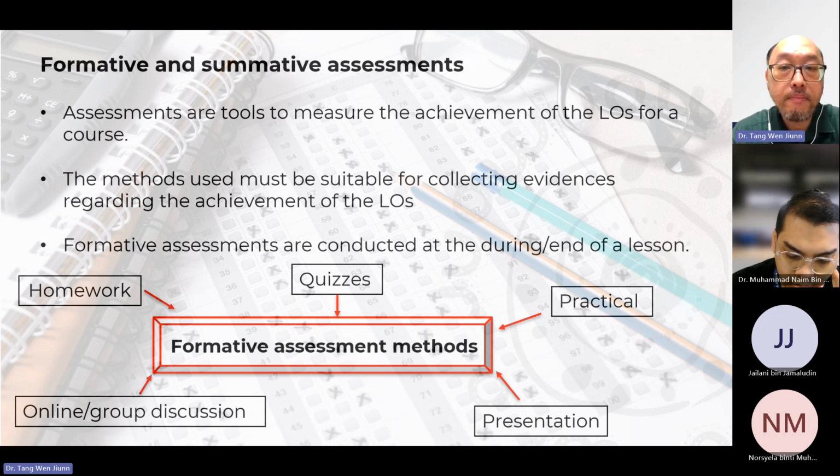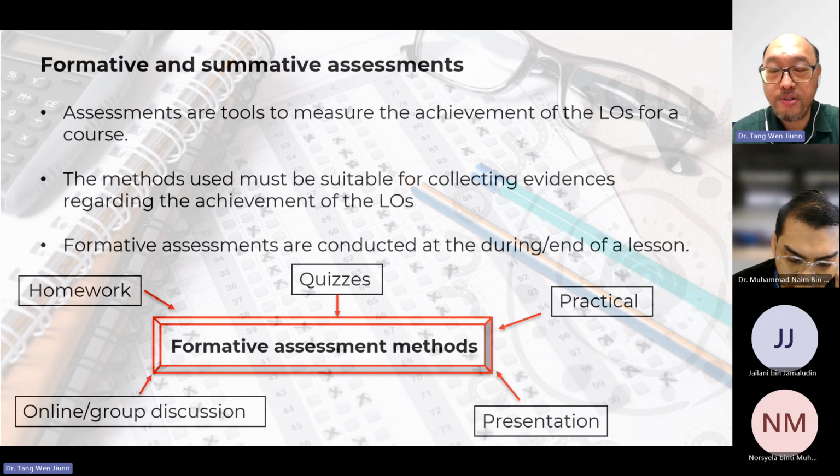It is something that we conduct during or at the end of a lesson. For example, the simplest formative assessment is looking at the students' body language. Let's say you are teaching something, then you ask the students, do you understand?